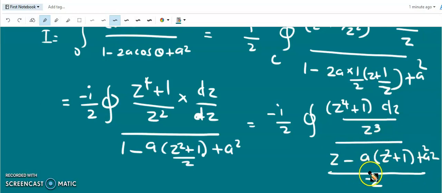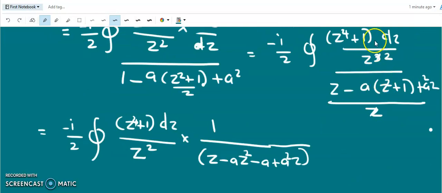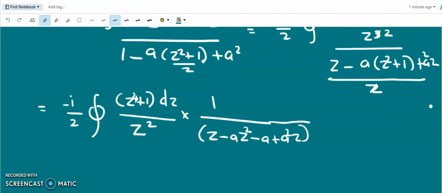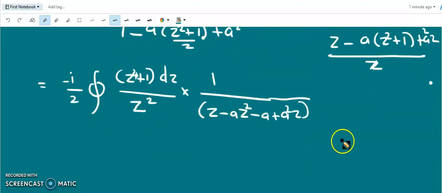So here z and z cancel. So this division is converted as multiplication with the reciprocal. So we get like this, and here we expand this: z minus a z square minus a plus a square z. So we get like this, and we can simplify this by taking z as a common factor.